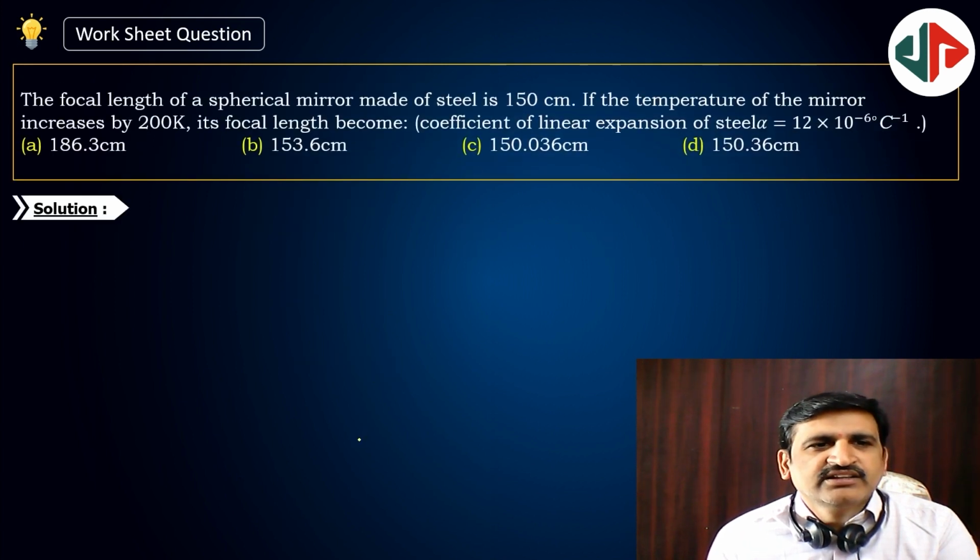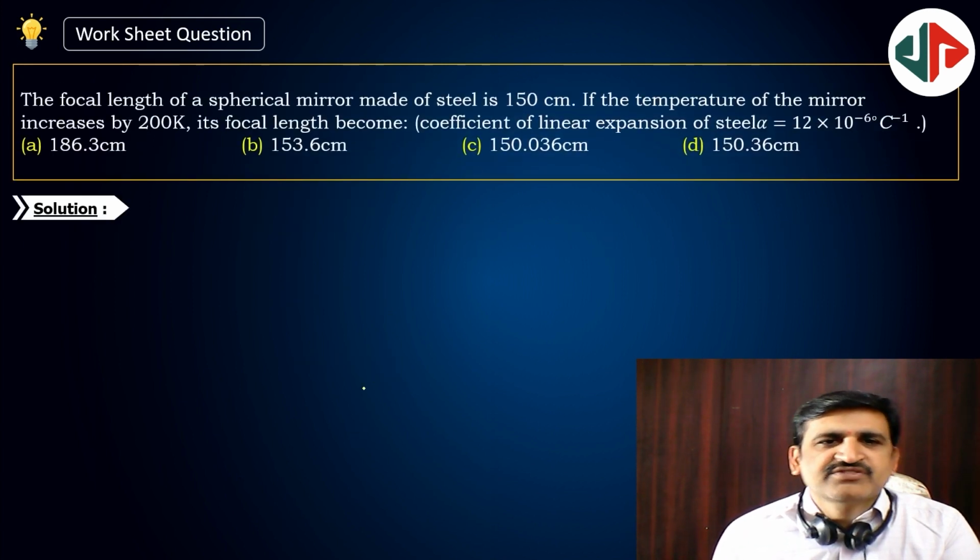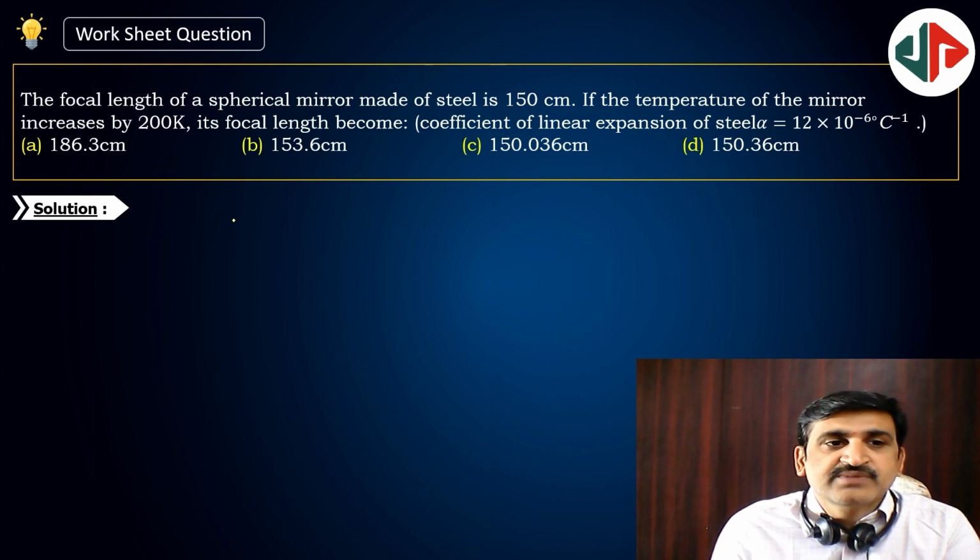The focal length of a spherical mirror made up of steel, F is equal to 150 centimeter. If the temperature of the mirror increases by 200 Kelvin, the focal length becomes, F dash is equal to how much?